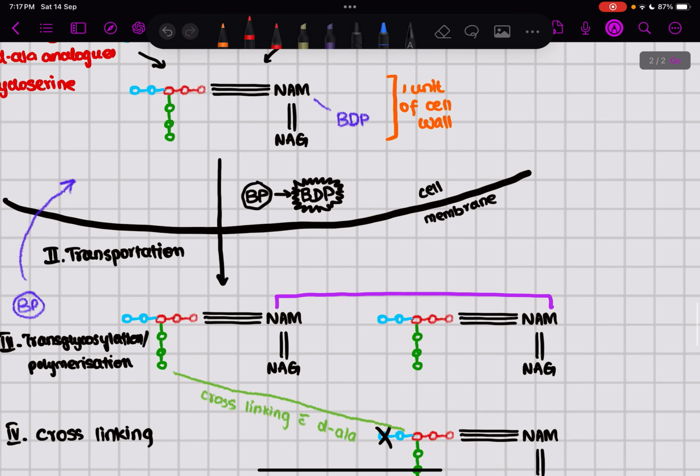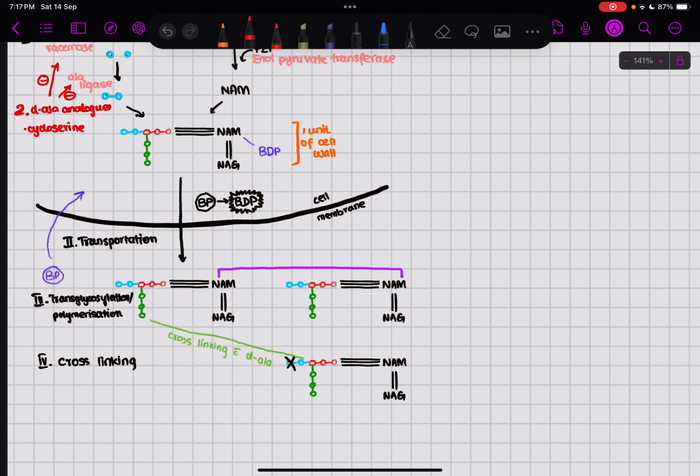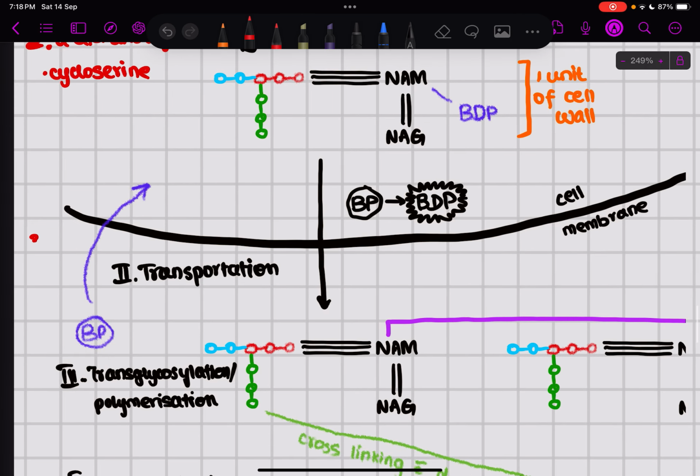Now when this bactoprenol gets back into the cell for the transport again, it is getting blocked. Here it is getting blocked, and this is done by what?